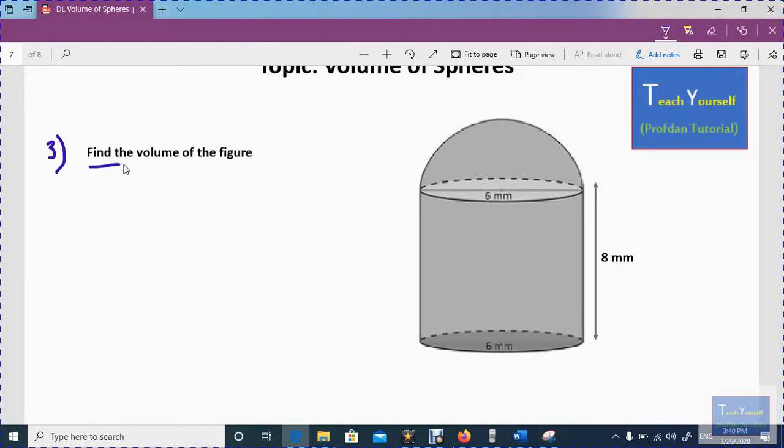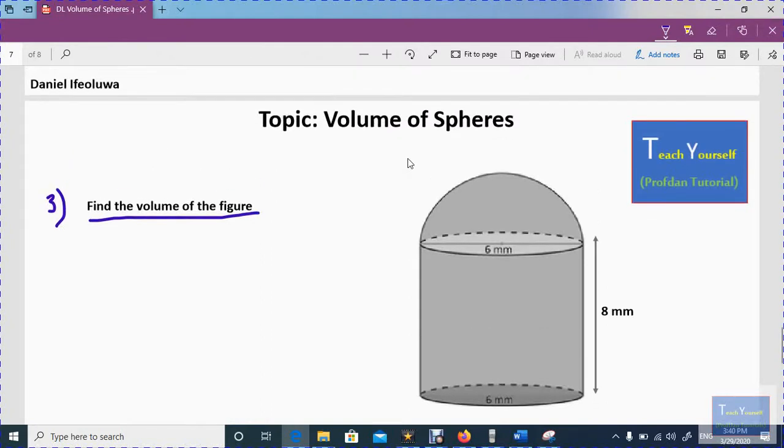Find the volume of the figure. This is a composite figure because it is made up of more than one shape. So we have first a shape here. This part is hemisphere, okay?